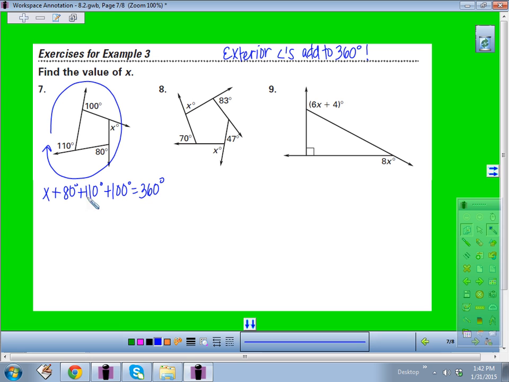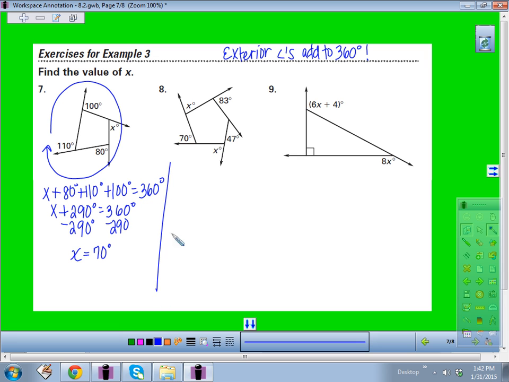Combine like terms: 110, 80, and another 100 degrees will give me 290 degrees. Subtract 290 from each side, and we get a value of 70 degrees for x.